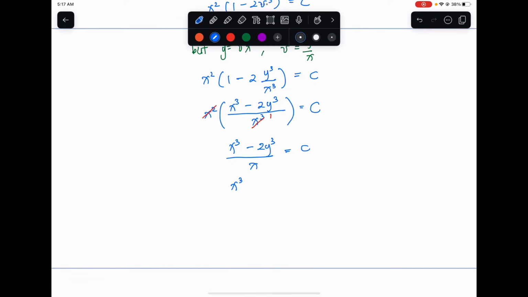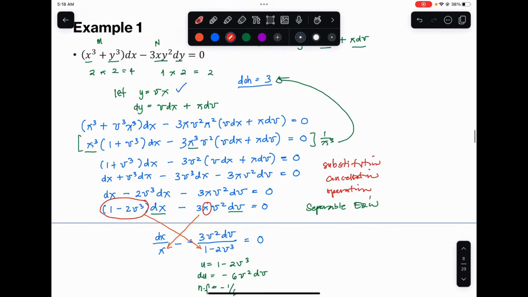And thus x cubed minus 2y cubed is equal to c times x. And that makes the solution of the given differential equation.